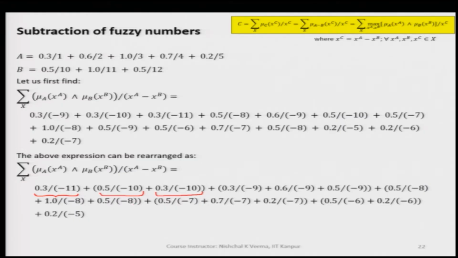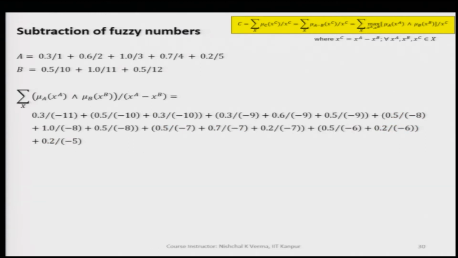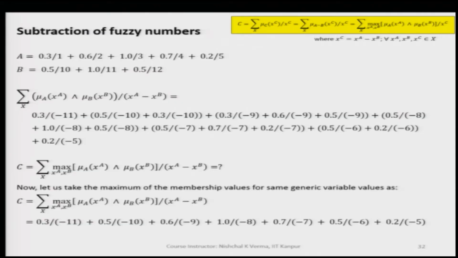Similarly, we go ahead with all the generic variable values that are listed here, and we form a group of the same generic variable values, and then we apply the max criteria. We take the max of membership values of the same generic variable values. So, let us now go ahead and see what is happening here. When we apply the max, we see this term which has two membership values.